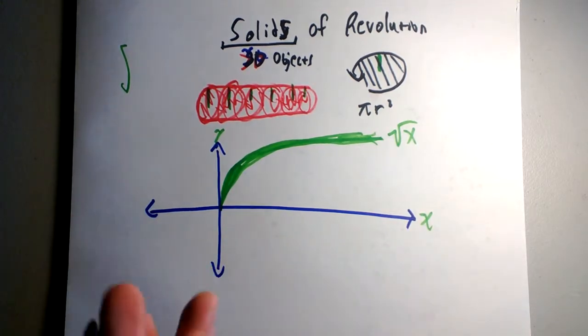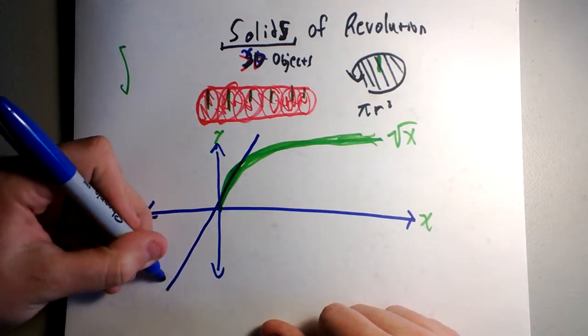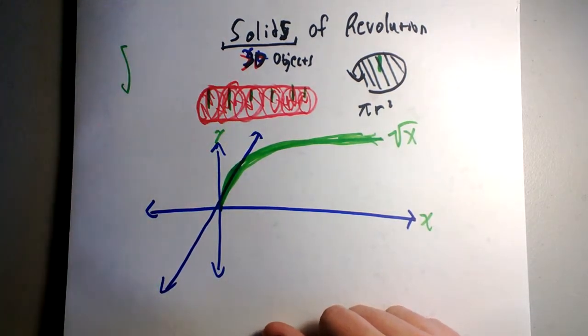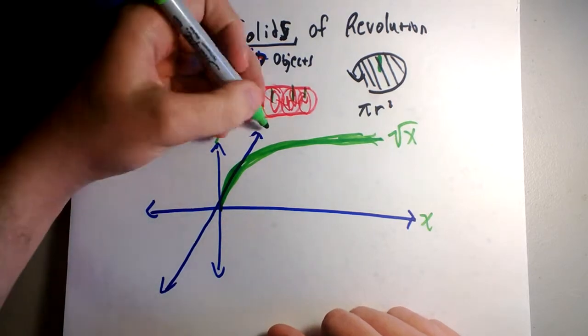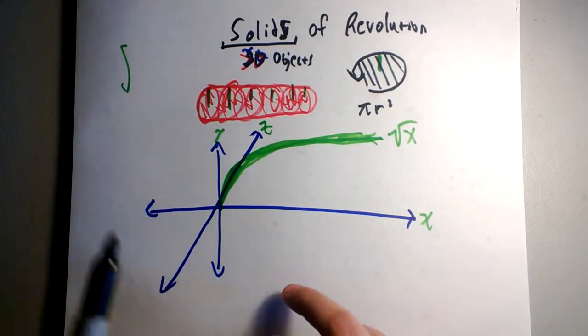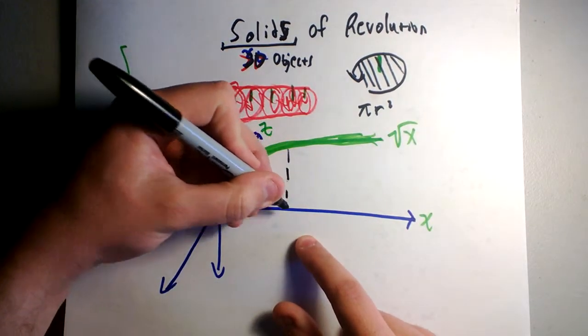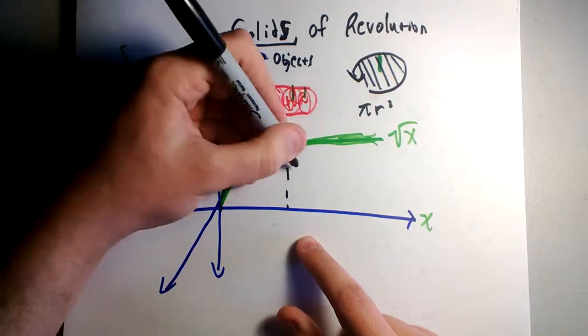All right, so here's what we're going to do. Let's get our z-axis out. Ooh, check that out. We have another axis right here. We're going to make every point on this the radius of our circle.